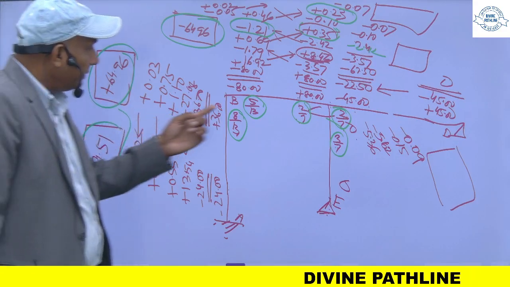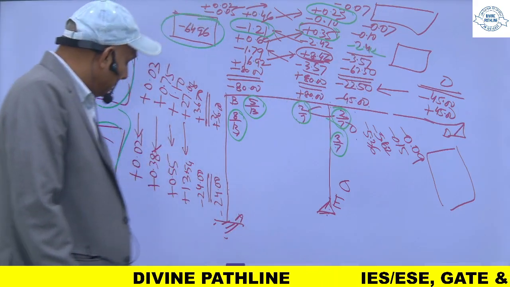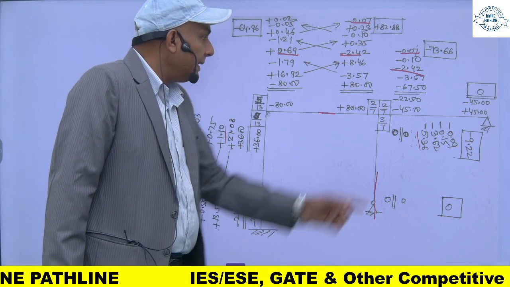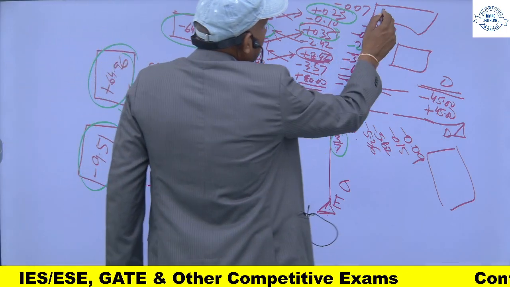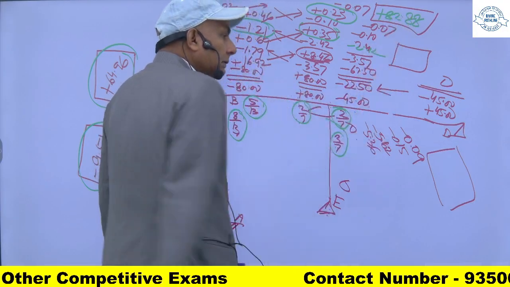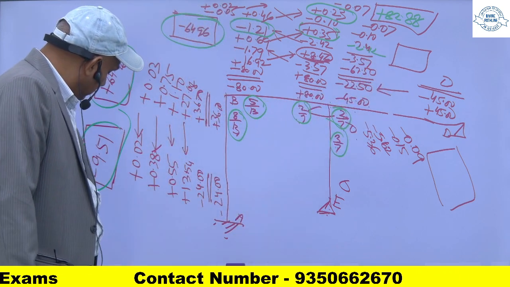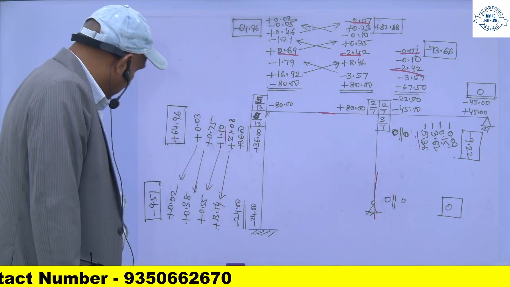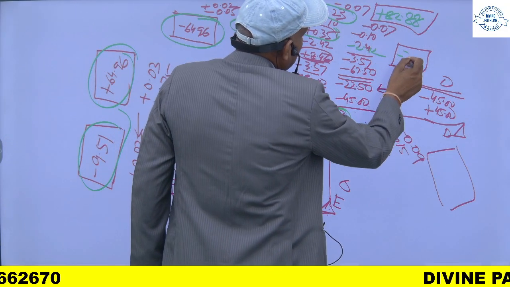and sum of this will be plus 82.88. This is plus 82.88, and sum of this, this is minus 73.66.